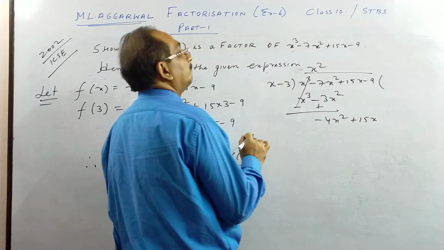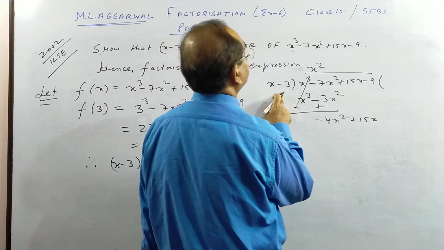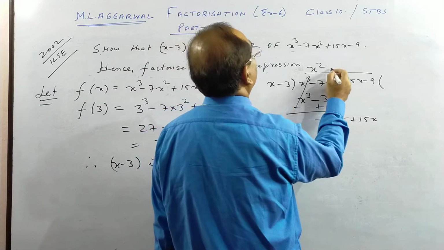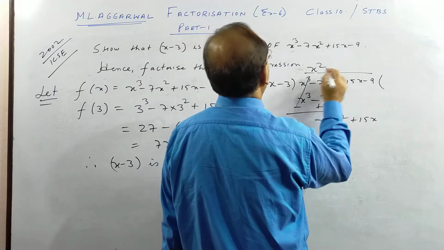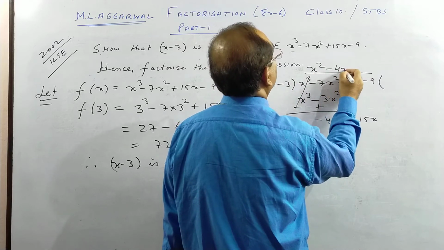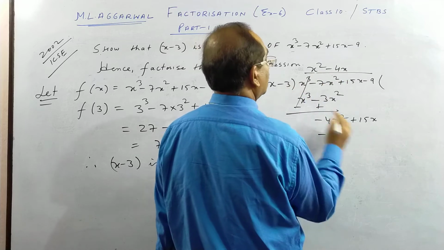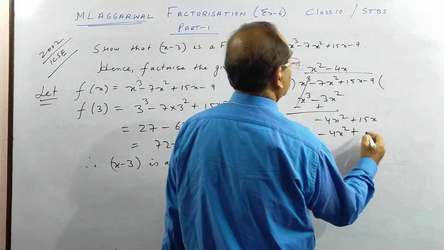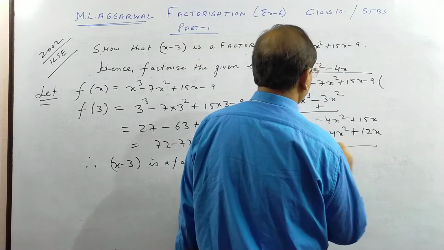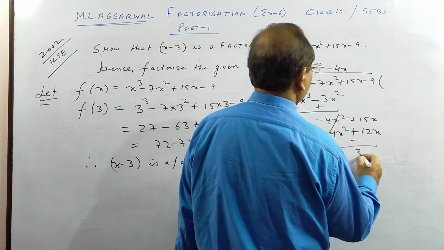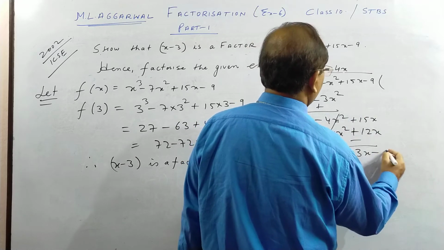Now with what will we multiply? We multiply x with minus 4x. So you will get minus 4x square, and minus into minus, plus 4 threes are 12x. Let us subtract. We get 3x minus 9.